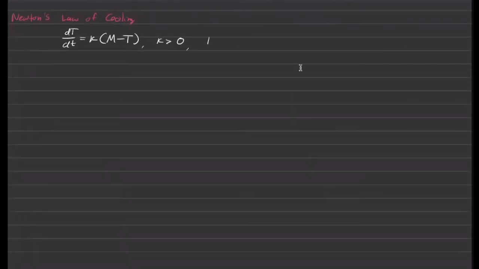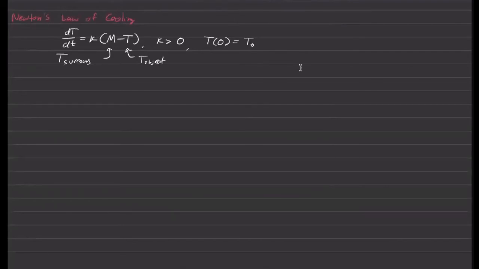You're also given the initial condition that T of 0 is equal to some initial temperature T naught. Because I always found this notation a little bit confusing, I'll just outline it here. M is the temperature of the surroundings, and T is the temperature of your object.